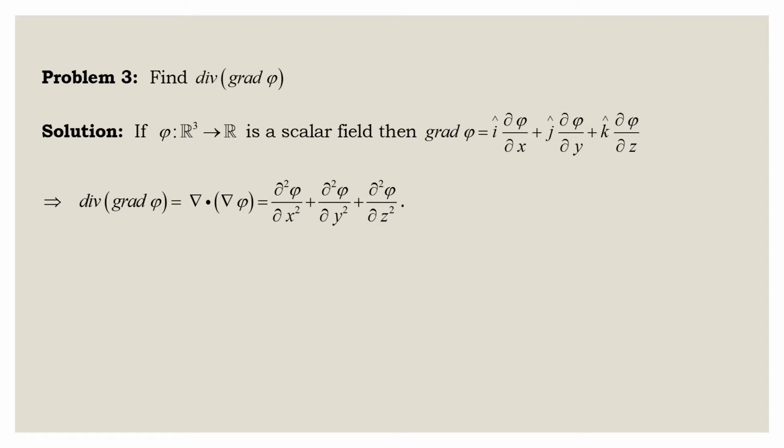Hence, the divergence of grad v equals ∂²phi/∂x² plus ∂²phi/∂y² plus ∂²phi/∂z². As we have seen previously, this is equal to the Laplacian operator del square phi. Hence, div of grad v equals del square phi. We are done.